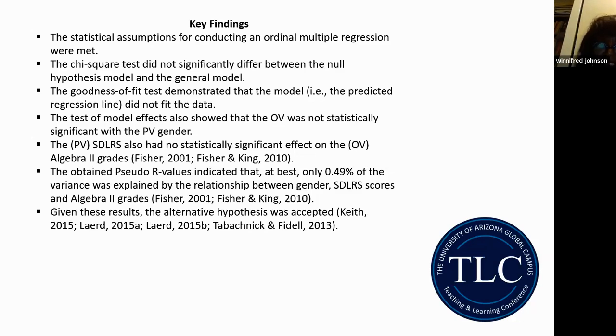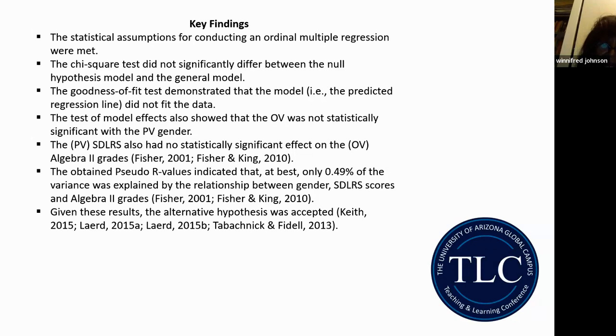The test of model effects also showed that the outcome variable was not statistically significant with the predictor variable gender. The predictor variable self-directed learning readiness scale also had no statistically significant effect on the outcome variable Algebra II grades, based on Fisher and King.